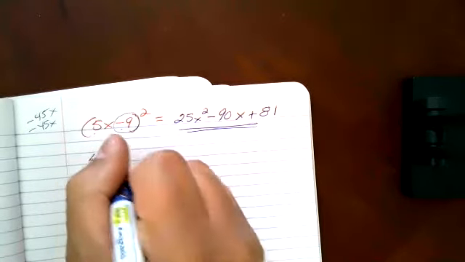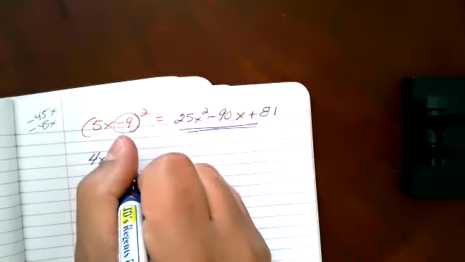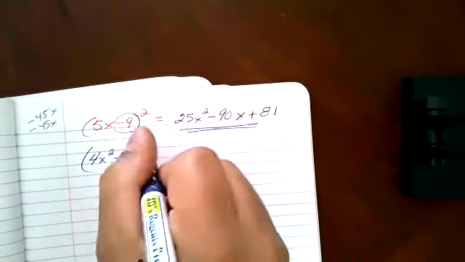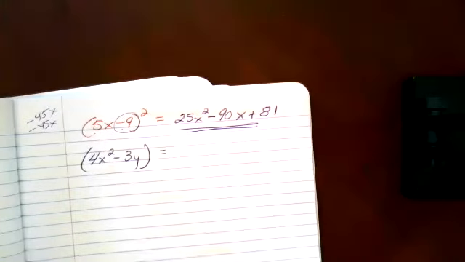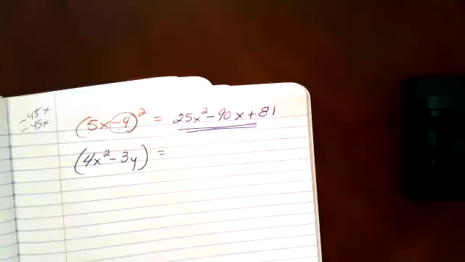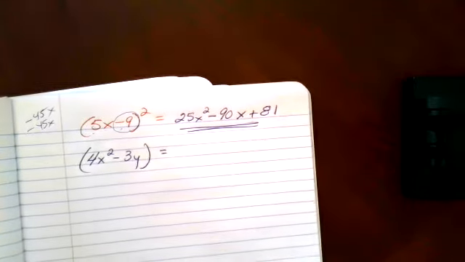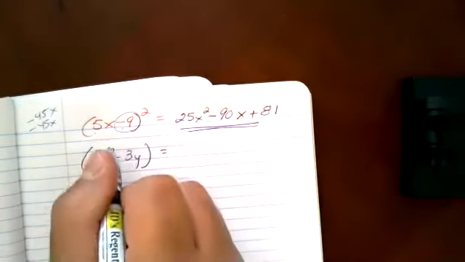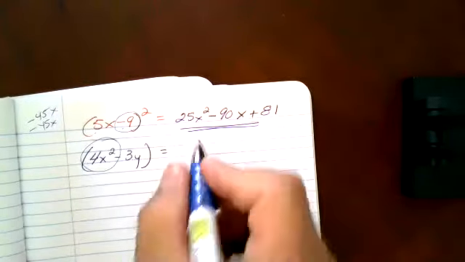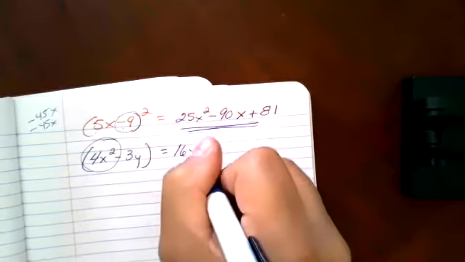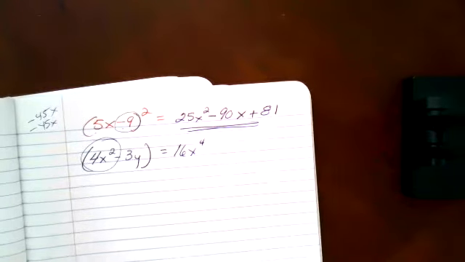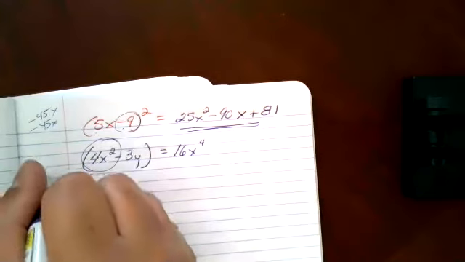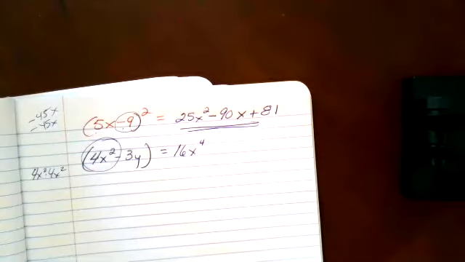4x squared minus 3y. What's that going to look like? I'll give you a second. 4x squared times 4x squared is giving me 16x to the fourth.